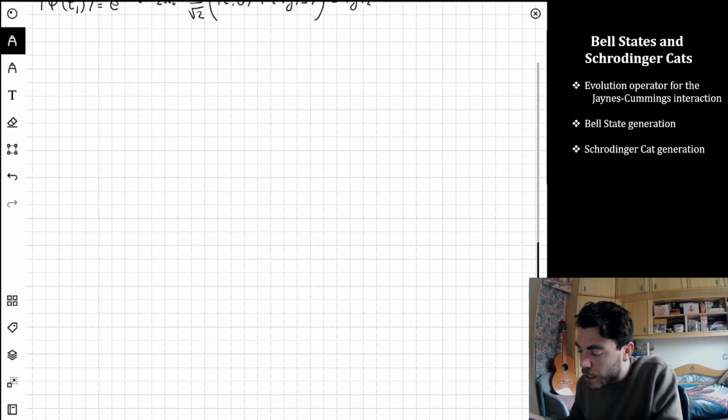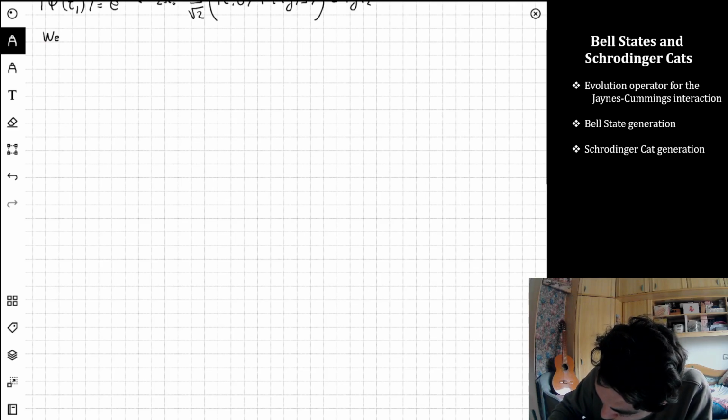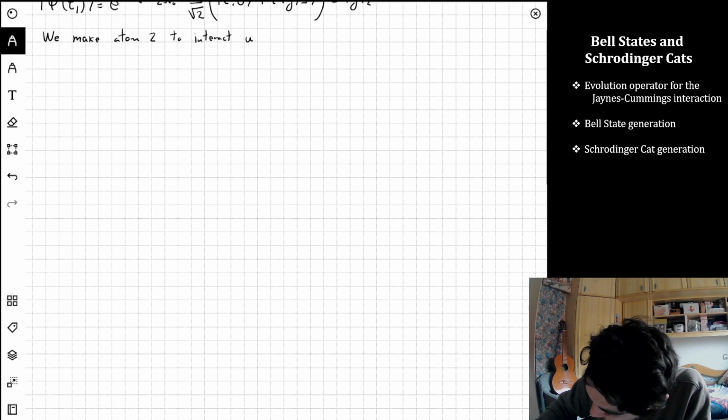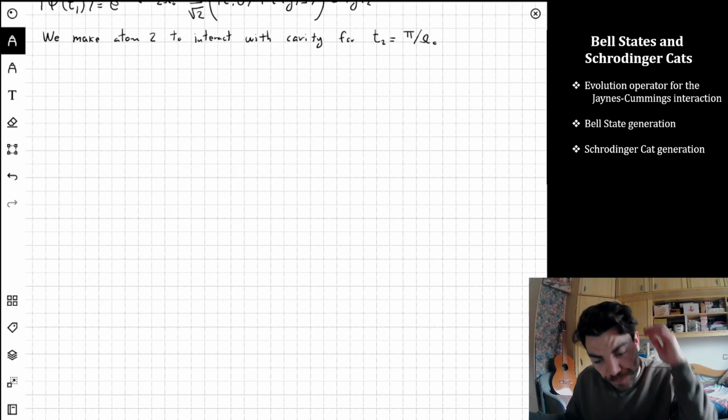But now let's do a second step, and the second step is we make atom 2 interact with the cavity for a time that is called T2, that is pi over omega 0.